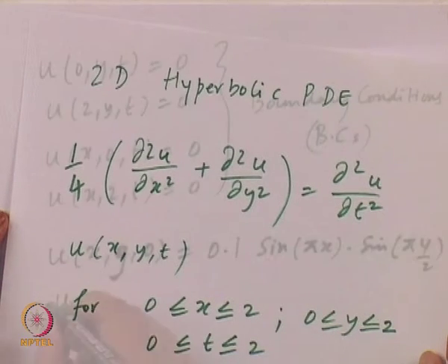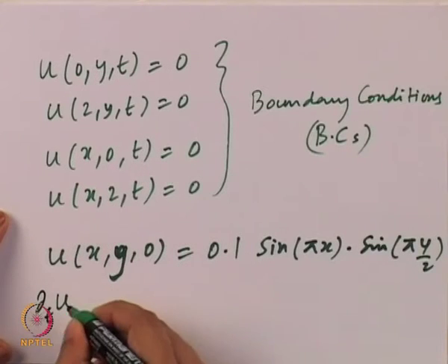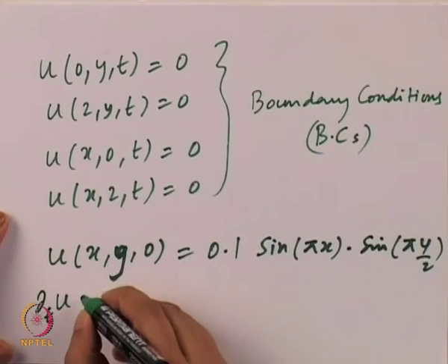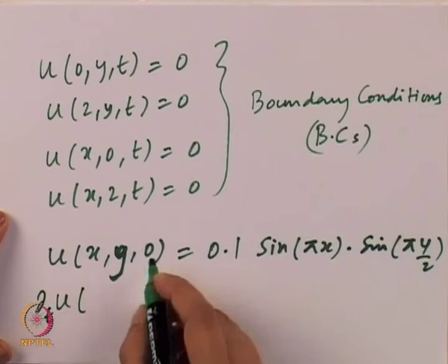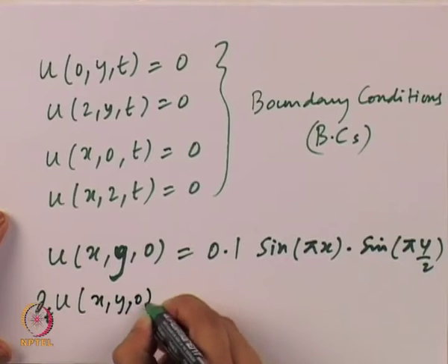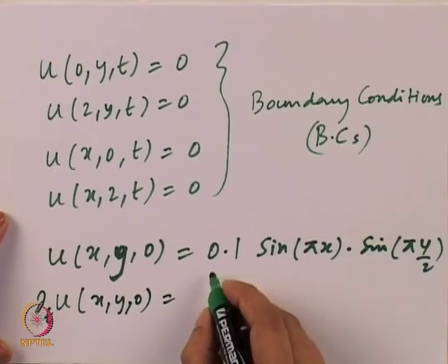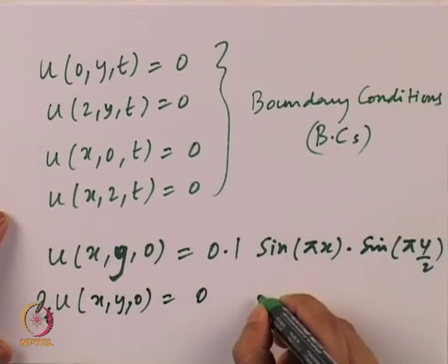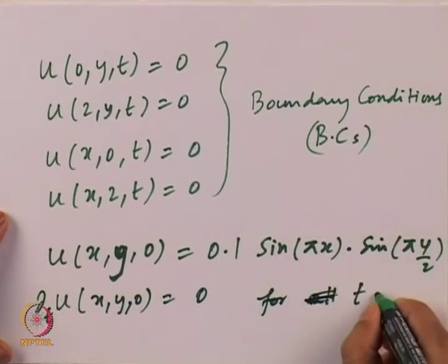So it is going to be the first derivative with respect to time of u(x, y, 0) equal to 0, for t equal to 0.